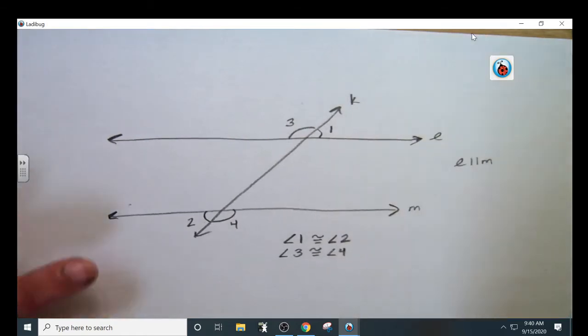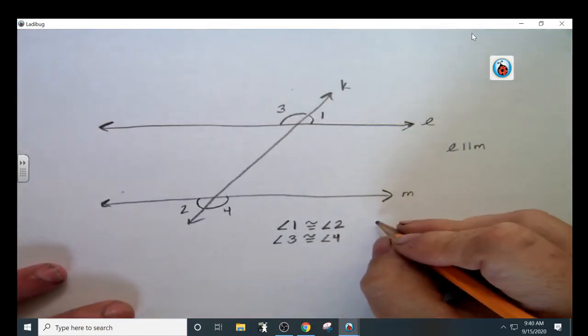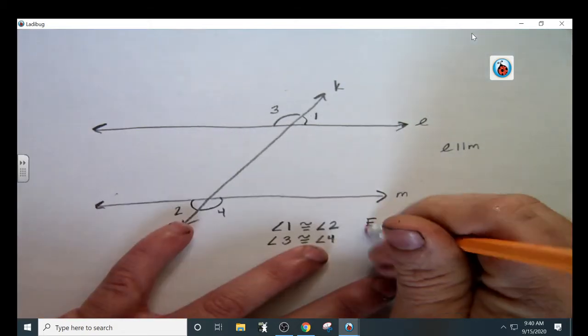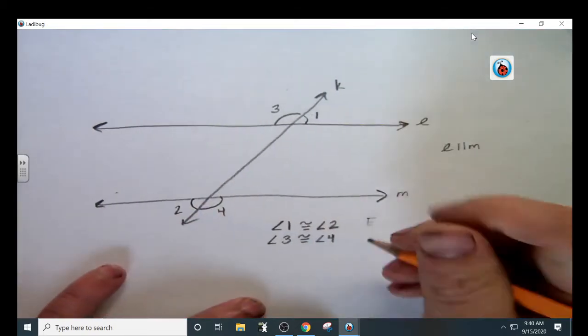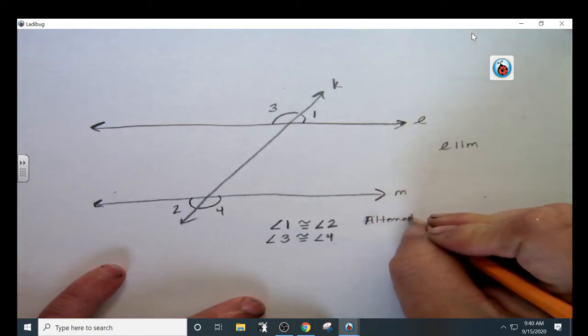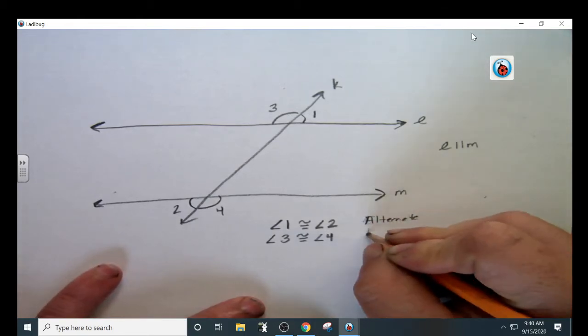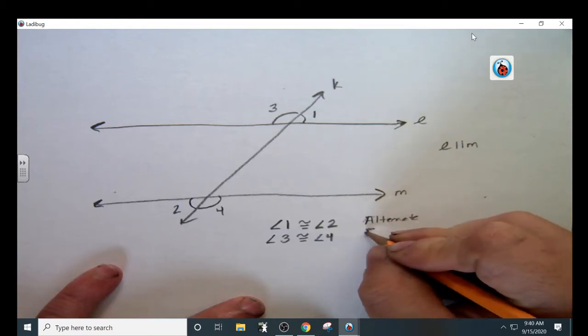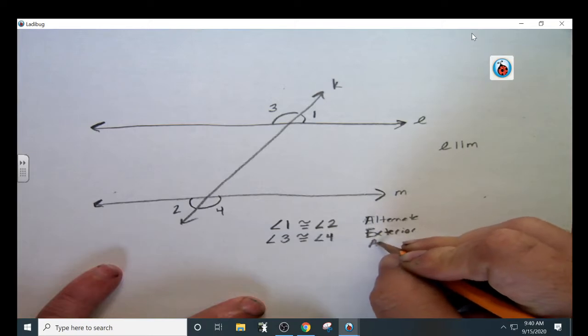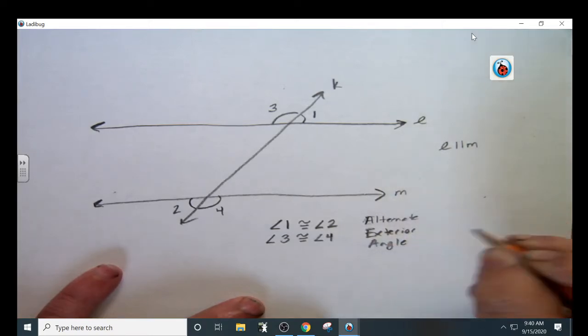That relationship is known as alternate exterior angles.